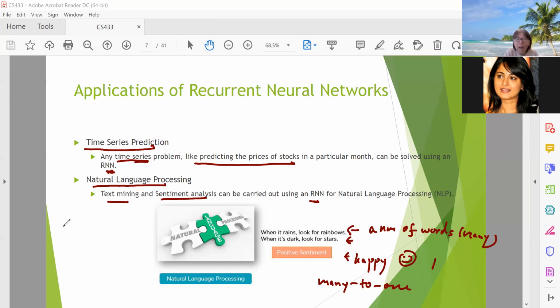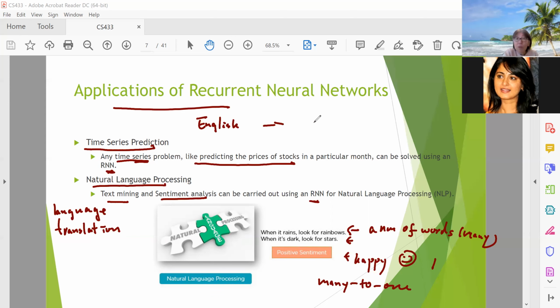But there is also something else, like language translation. For example, this is English and maybe you translate to Spanish. So it's also a sentence, a number of words to a number of words.